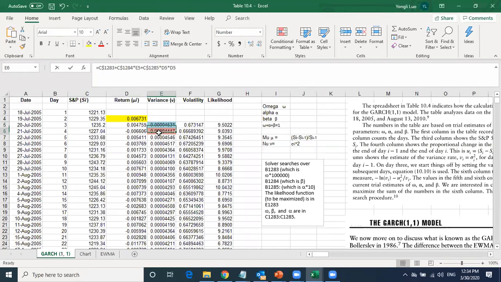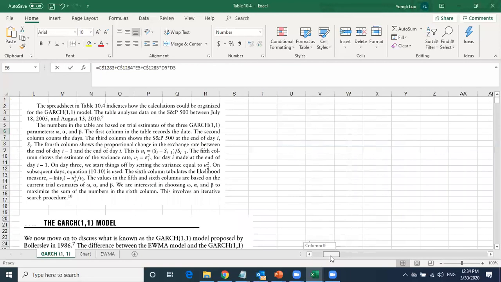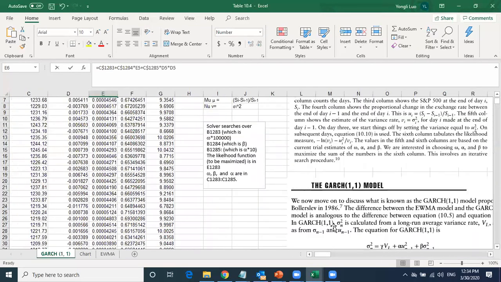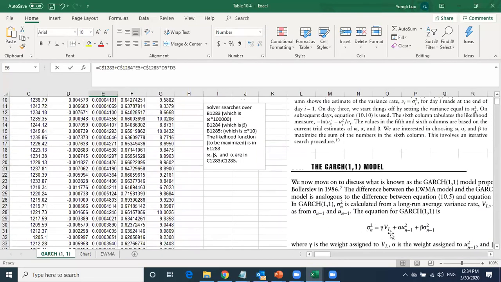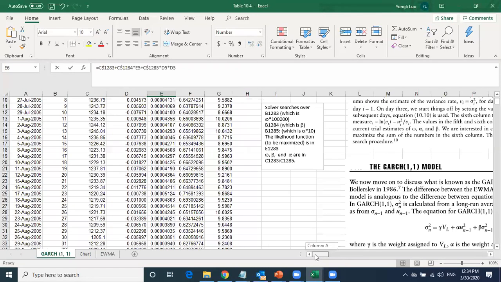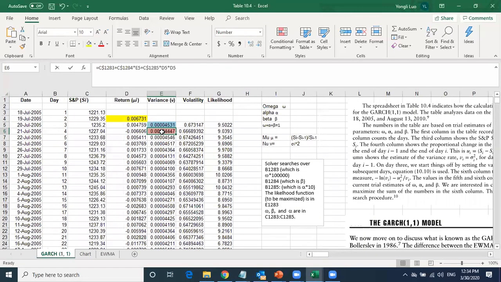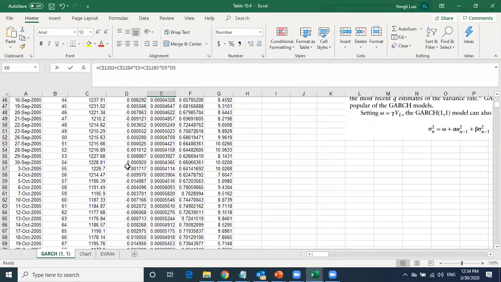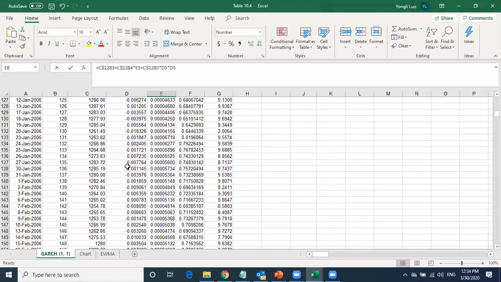For the second day, you apply this formula, which is the GARCH model. The GARCH model is the formula applied to the data. We're using three parameters.